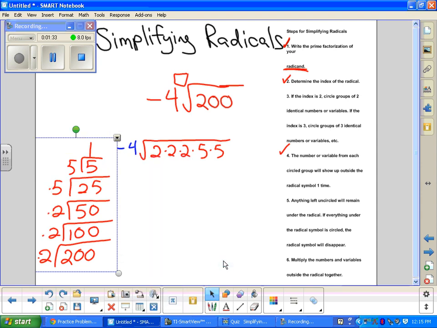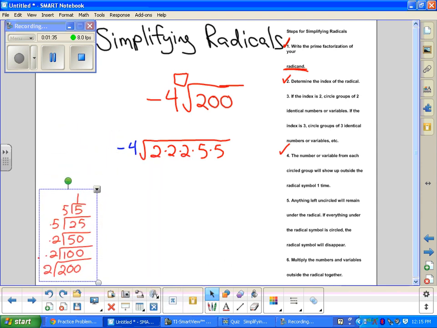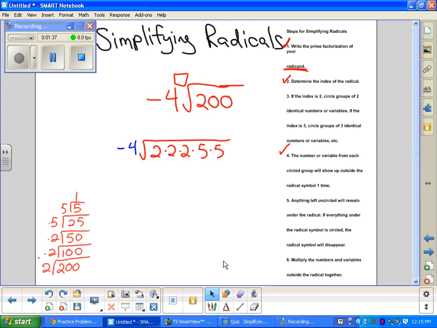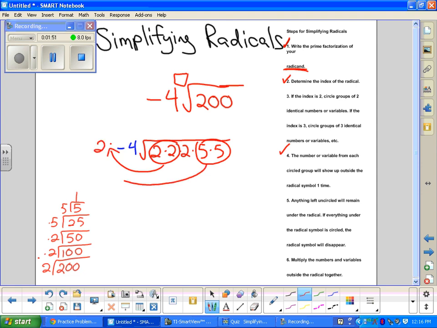Group this. Move this out of the way so we don't mess that up. Now we're going to circle the groups. I have a pair of 2s and a pair of 5s. Each time I have a pair, one of them will go outside. So I have a 5 and a 2 and -4.